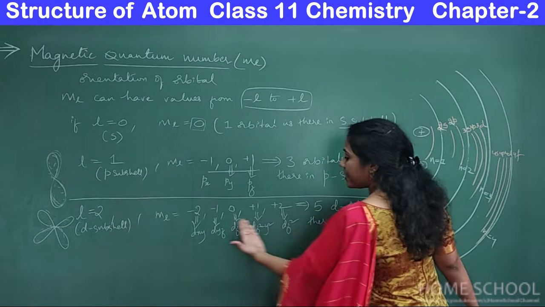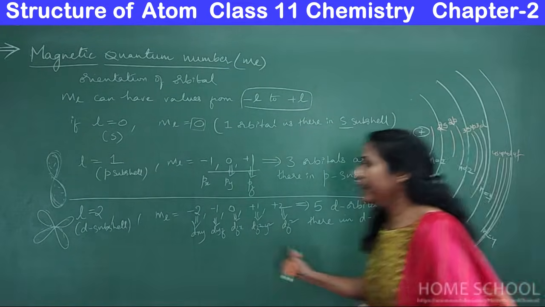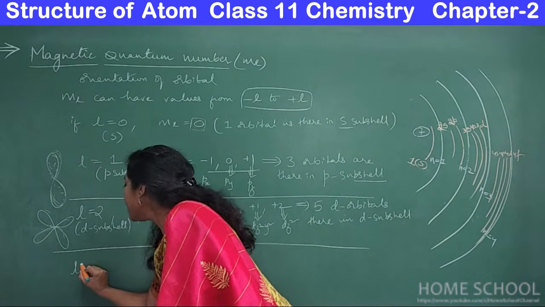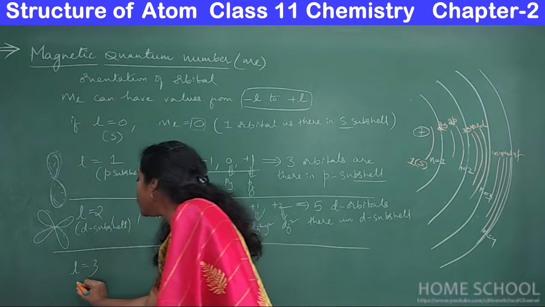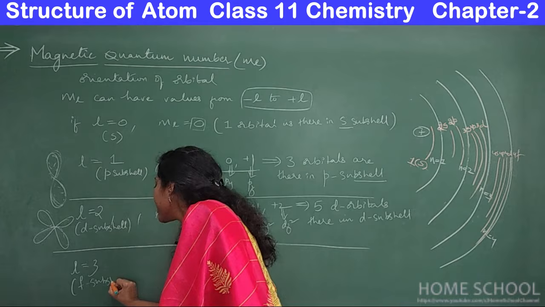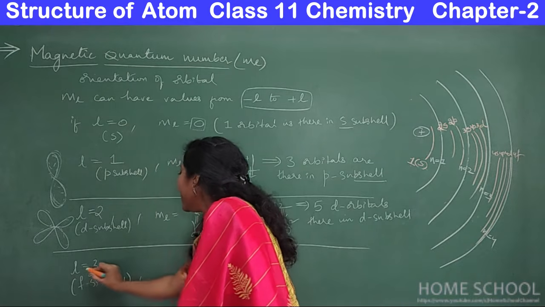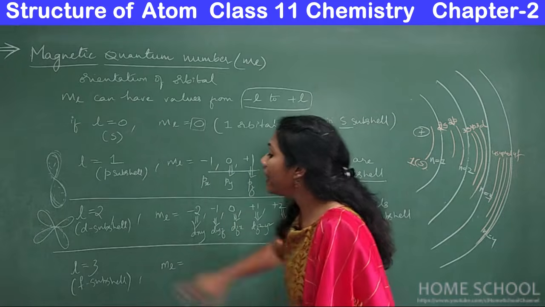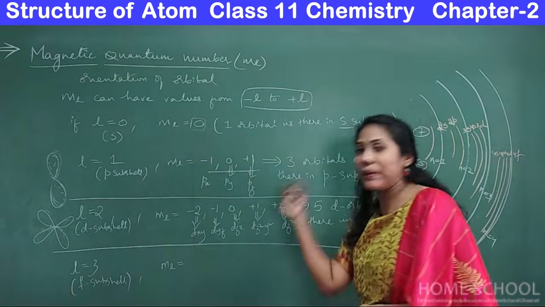What are they? These are the orbitals. Okay, fine. And coming to L is equal to 3. L is equal to 3 means, I already told you, it is nothing but the F subshell, isn't it? So when L is equal to 3, what are the ML values possible? Minus 3 to plus 3.